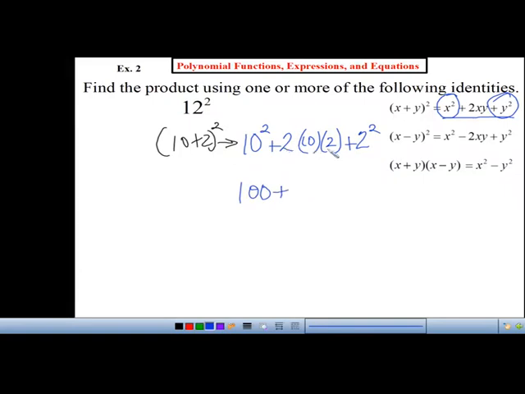What is 2 times 10 times 2? That's 40 plus. What is 2 squared? 4. So what is 100 plus 40 plus 4? 144. Mr. Q, all that to get 12 squared? Yes. That's it. Yes, because you need to use now the identities that they give us.